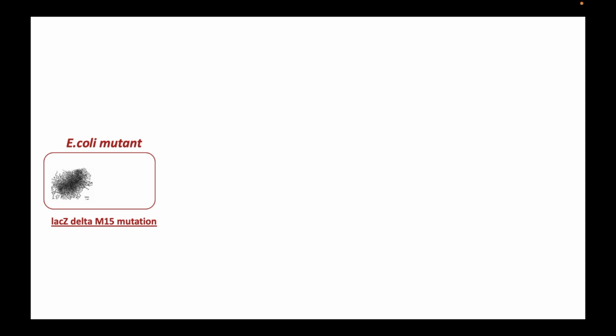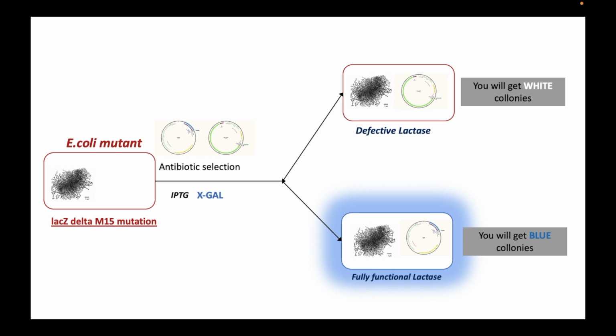So let's say, for example, that you would transform some DNA from your restriction ligation mix into your E. coli NEB Turbo that contain the LacZ delta M15 mutation. If you select with antibiotic, you will get colonies that do have a plasmid, because of course you selected with antibiotics. However, if you also introduce IPTG and XGAL on your plate, you will have two types of colonies.